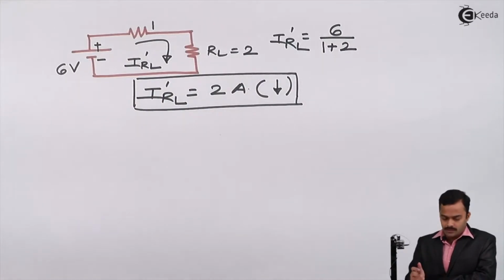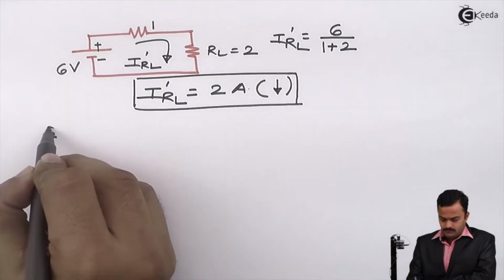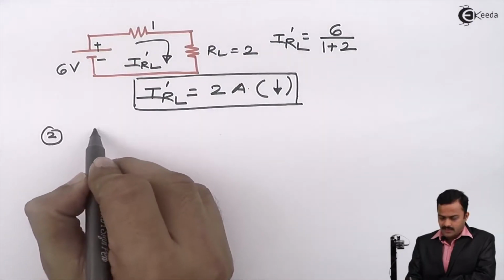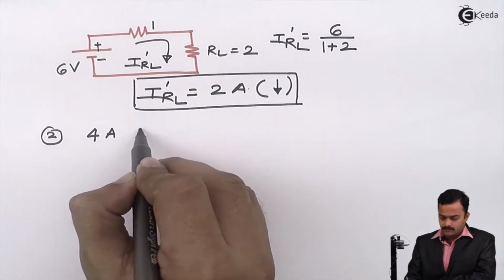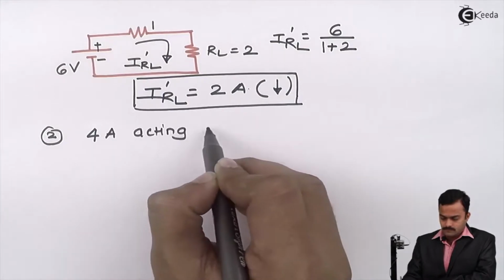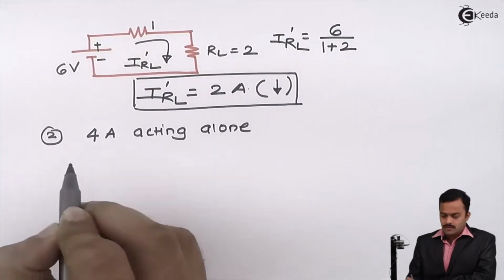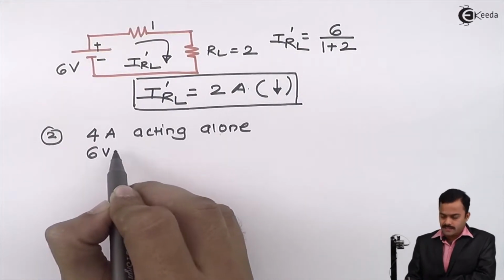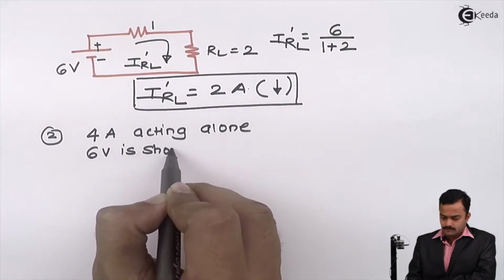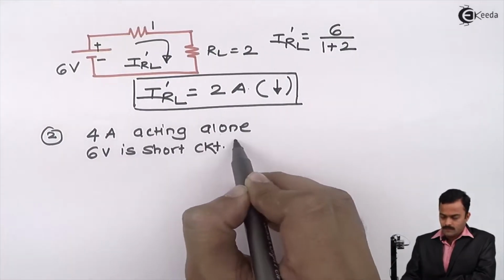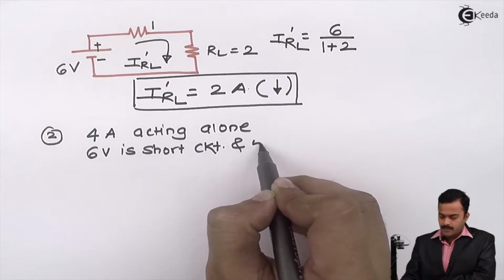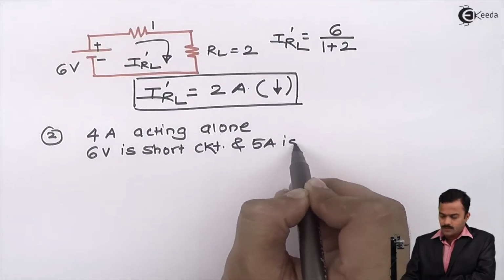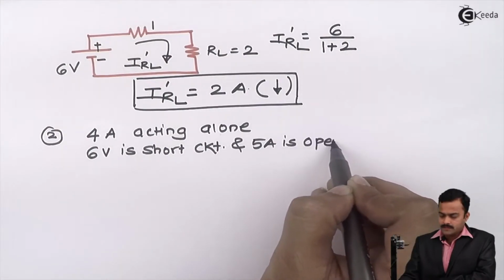Let's go to step number 2. I will consider 4 ampere acting alone. So 6 volt battery will be short circuited and 5 ampere current source is open circuited.